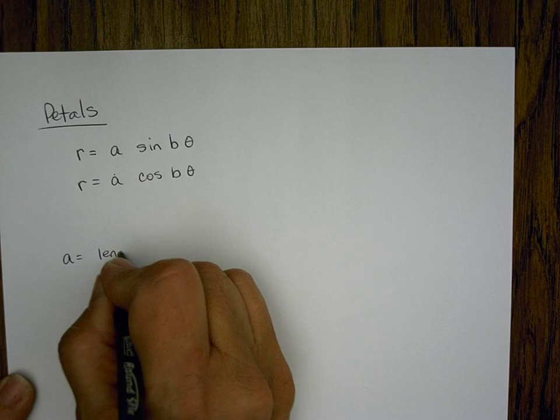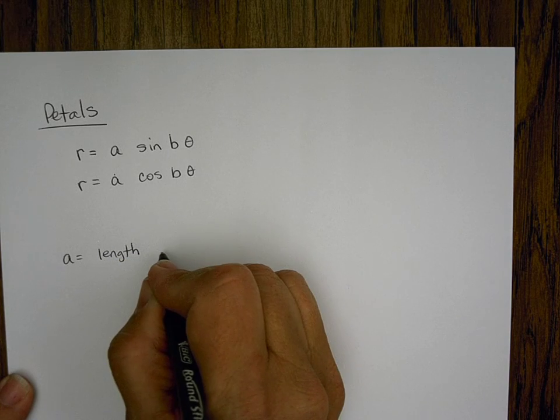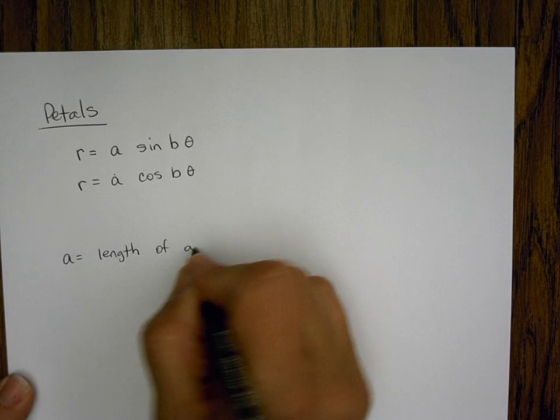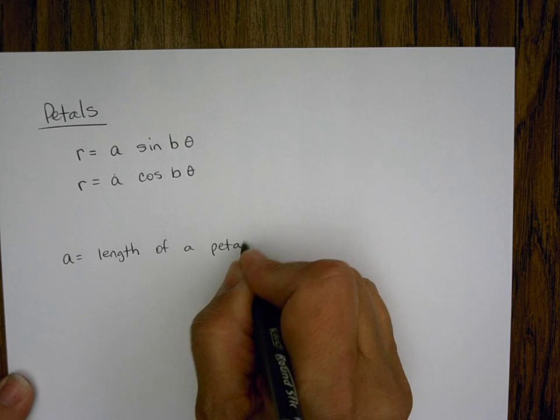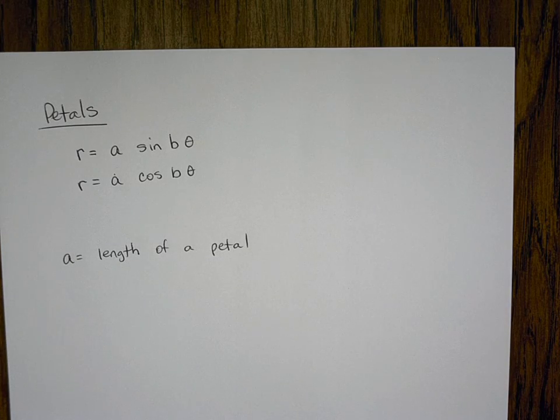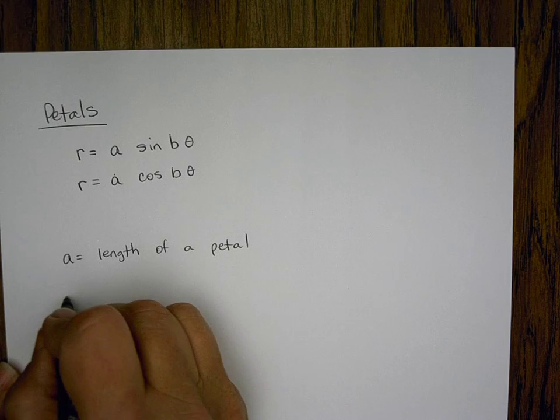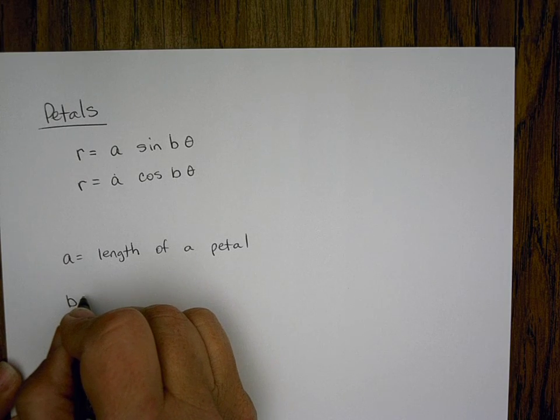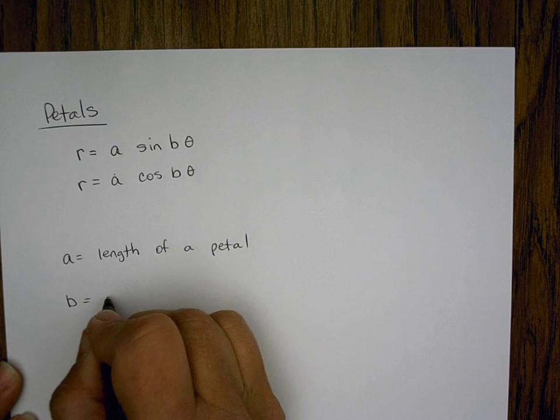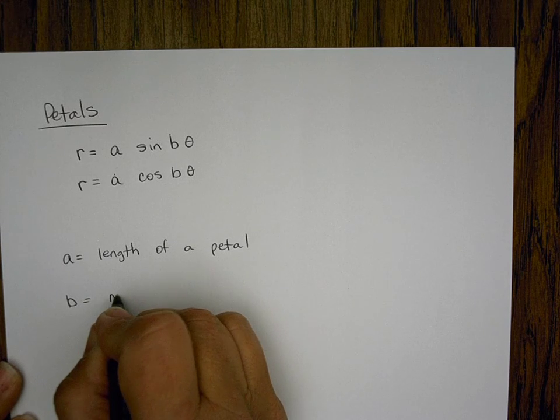A is the length of a petal. B is the number of petals.